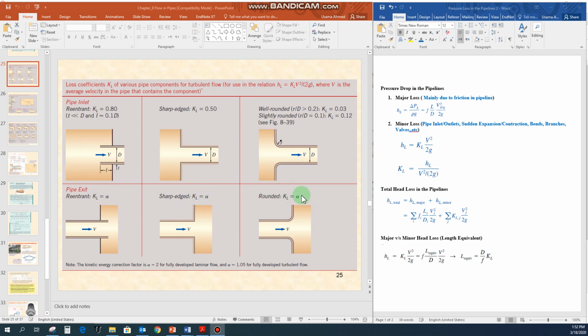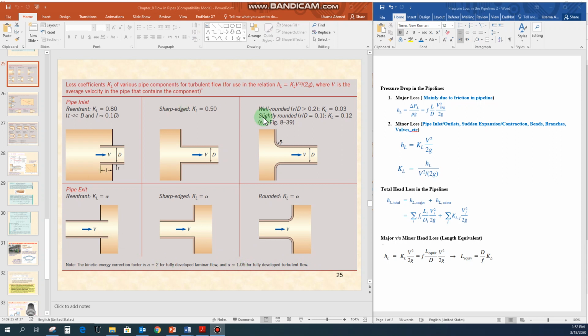For the rounded system, it can be equal to alpha. Now what is this alpha? It is a kinetic energy correction factor, and its value is 2 for fully developed laminar flow. So if you have laminar flow, you can use the alpha value of 2, and if you have turbulent flow, you can use the alpha value of 1.05 as a loss coefficient.